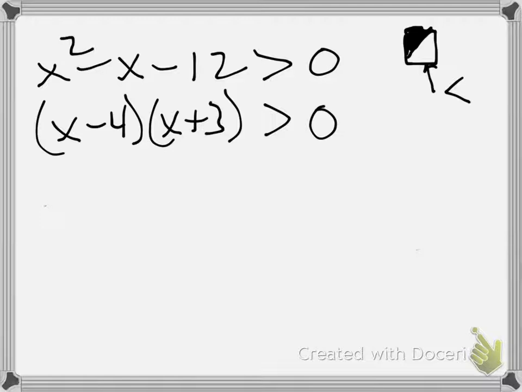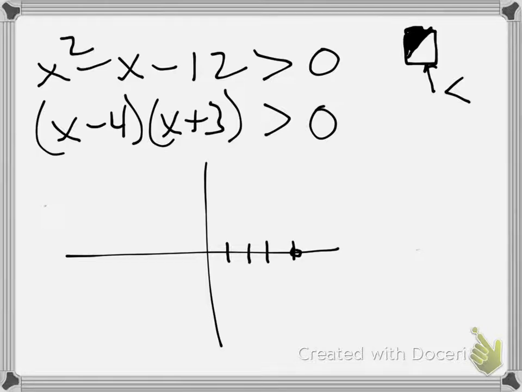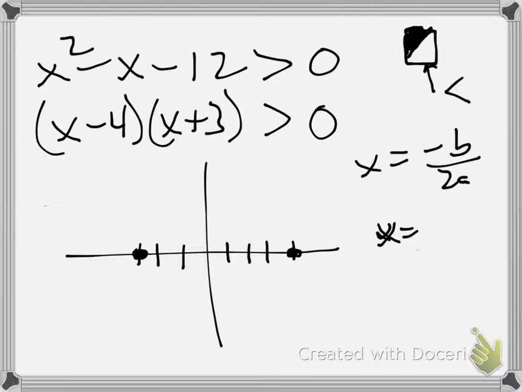I prefer to use the calculator, but some of you are going to want to solve this out. Okay, so the graph goes through 4 and negative 3. Okay, and the vertex, if you guys remember this, minus b over 2a. So opposite of b is 1, 2 times a is 2. So I've got 1/2. Well, that works out just great, doesn't it?